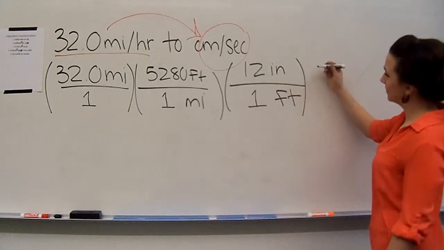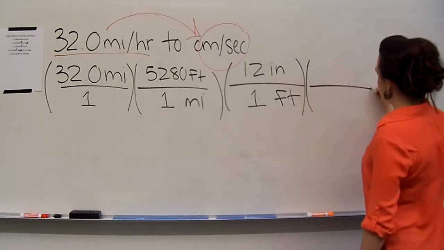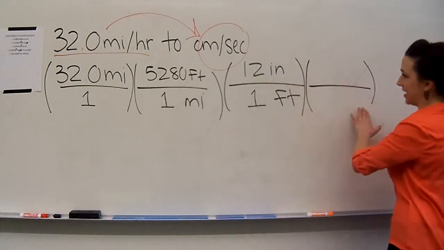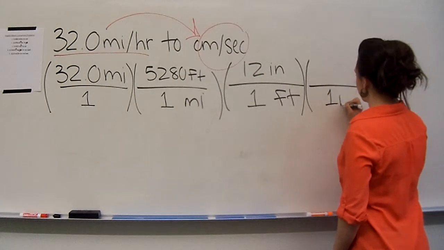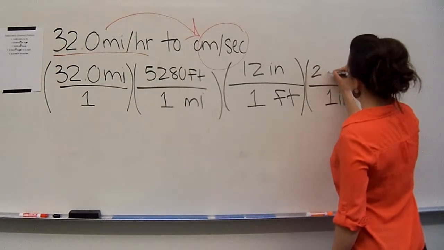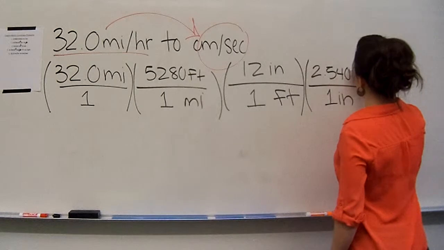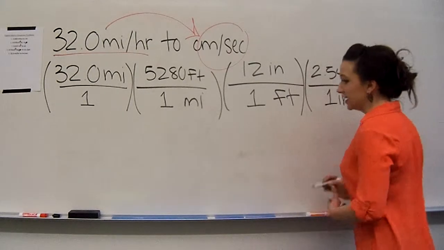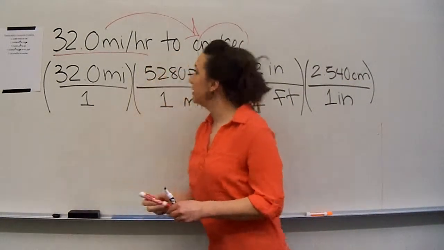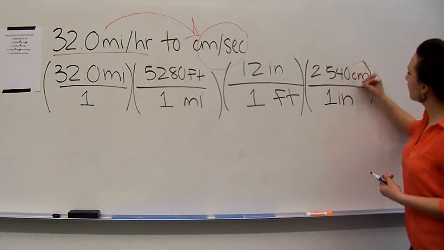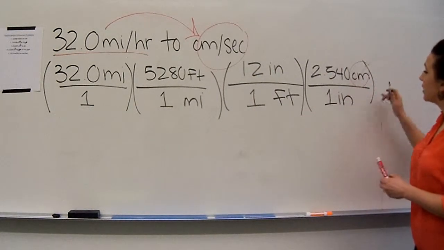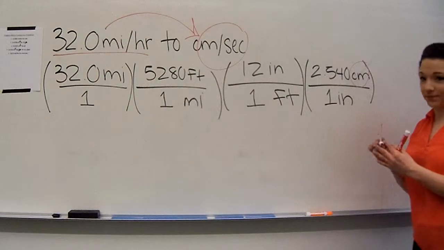Matching those vertically, we need to match inches diagonally. So we have 1 inch is equal to 2.540 centimeters. Centimeters is the unit that we were looking for. So we are now done with the first portion of the problem.